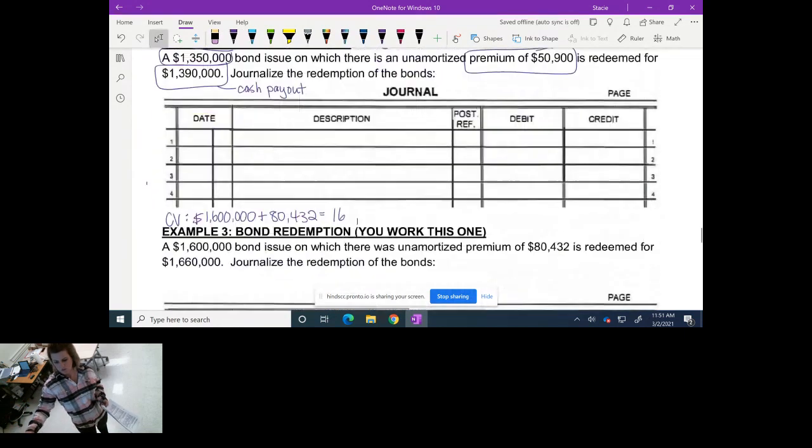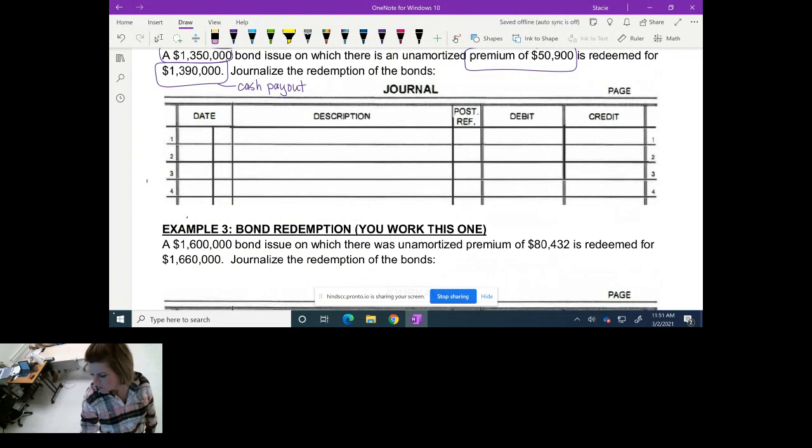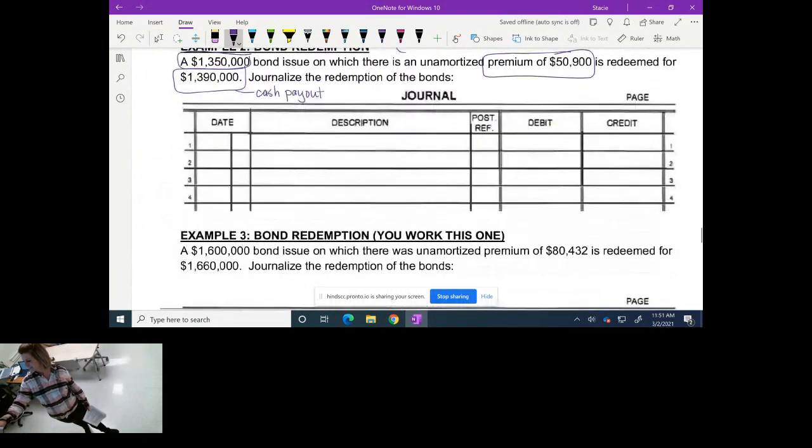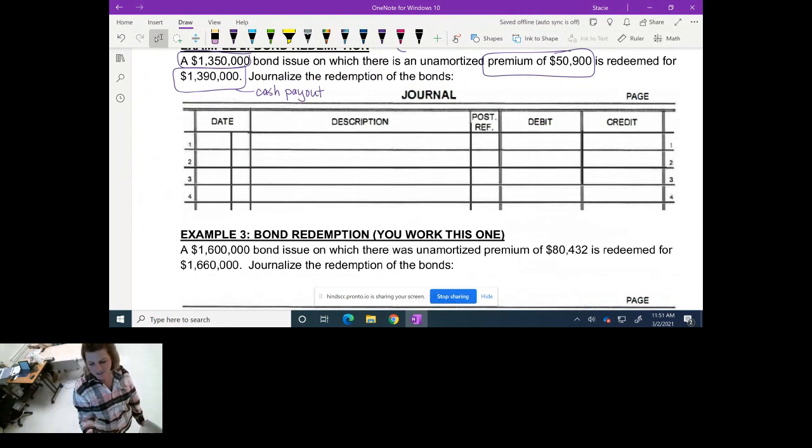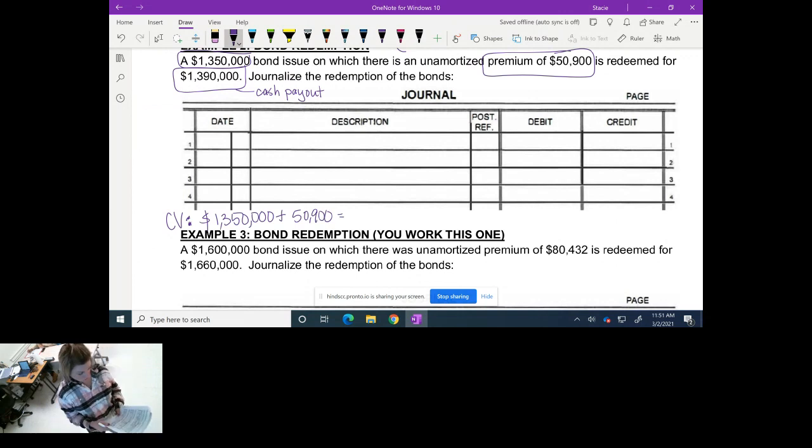Yeah, we are. Sorry, start over. I just need to use the right numbers. All right, carrying value, start this again. Bonds payable is actually $1,350,000, and you're going to add the premium. So our carrying value is $1,400,900.